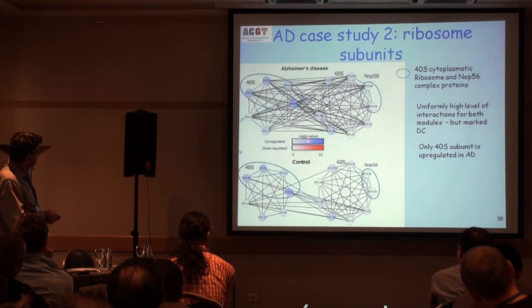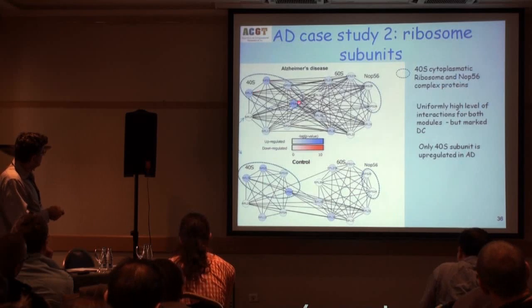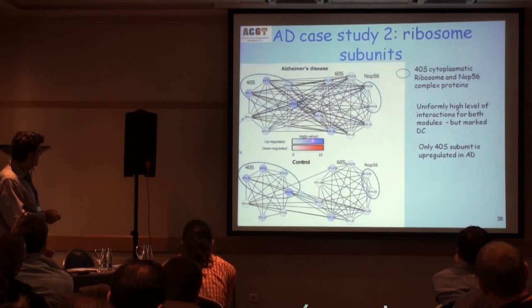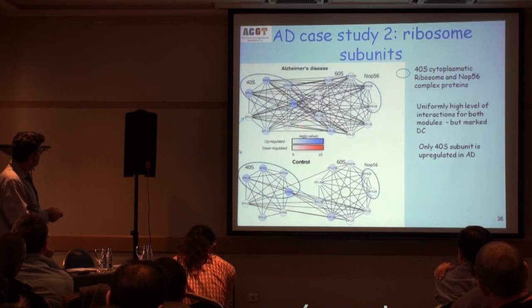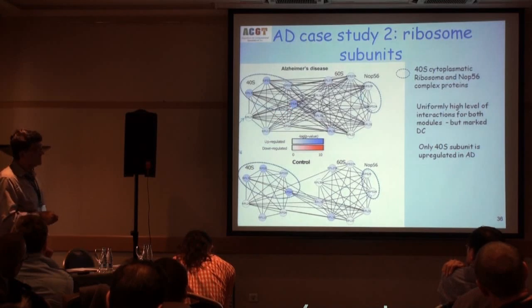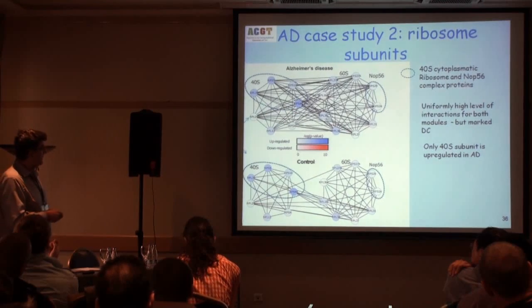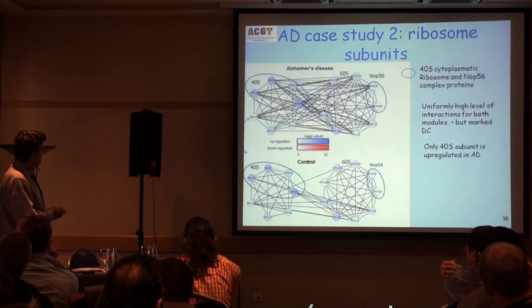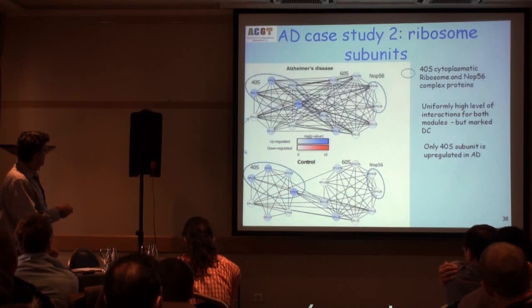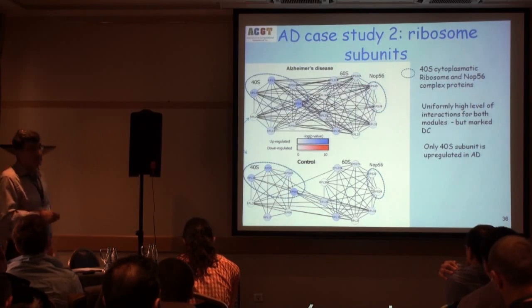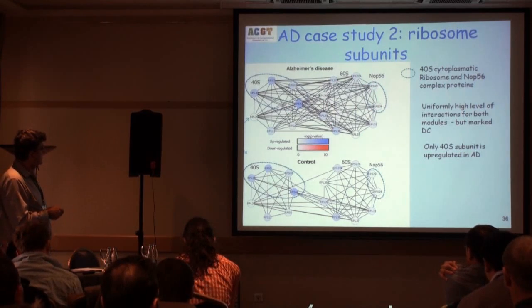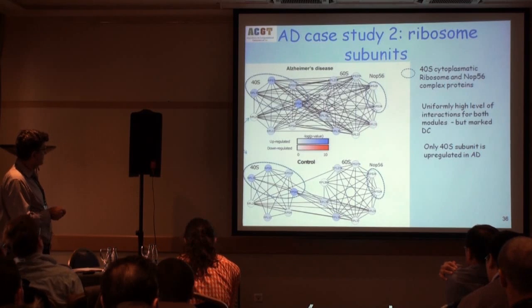The color of the nodes that you see here is the level of expression, and you see that only the 40S subunit is up in the patients compared to the controls, while the other subunit is not upregulated.